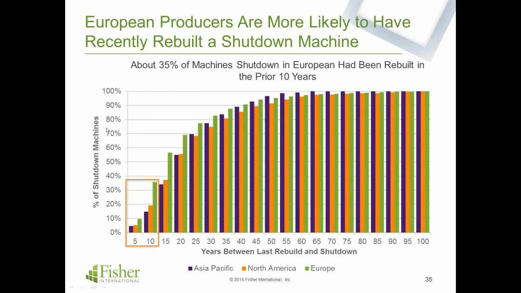We see here that European producers actually have been more likely to shut down a machine that had been rebuilt in the relative recent past. So about 35% of the machines that have been shut down in Europe since 2002 had undergone a rebuild in the prior 10 years. Well, that varies at the company level as well.